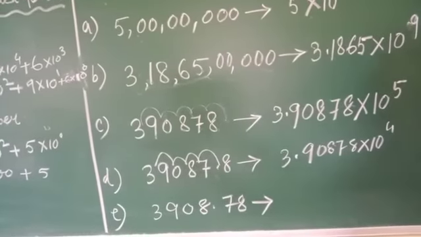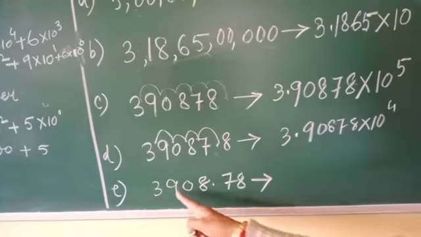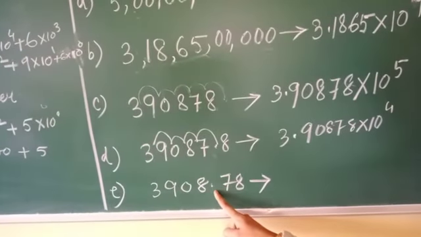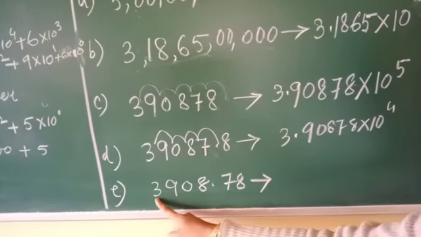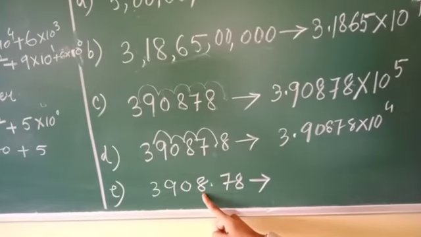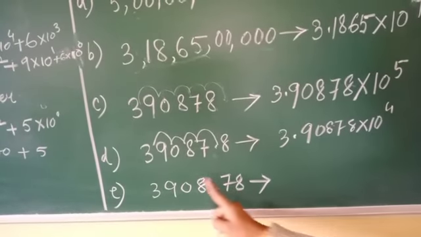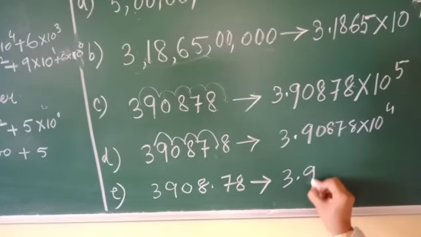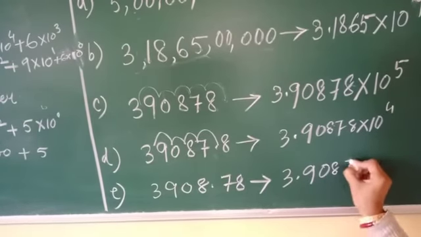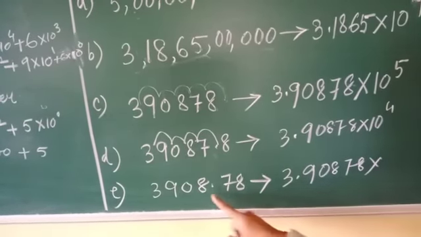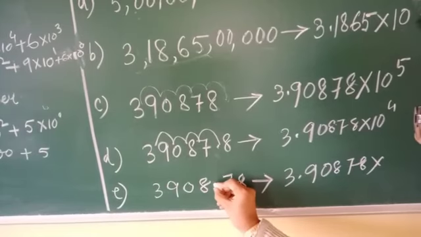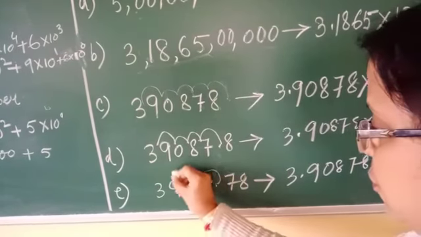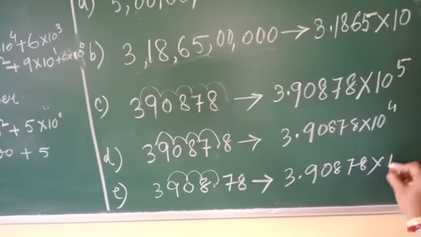Okay, now come to the next question. Next, the point is now after 8, that means 3,908.78. So here also you will write the same thing, 3.90878, but this time the point is moving 1, 2, 3 places, that means 10 to the power 3.